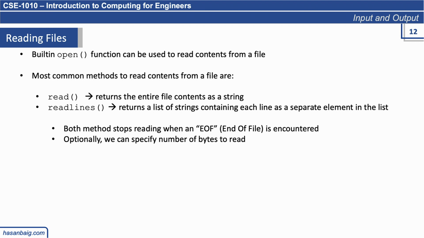So hello would contain 5 characters, so 5 bytes. If your file contains only hello as its contents, and you specify read 3, the first 3 characters will be read. HEL will be read. So that many bytes you can specify.